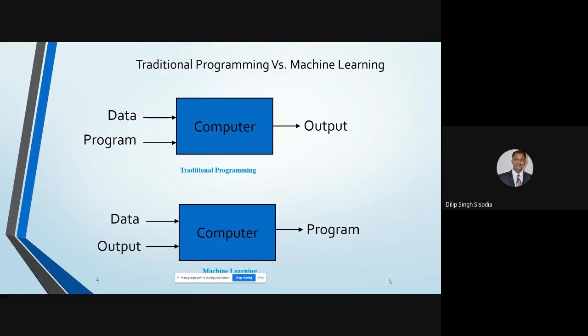In conventional programming we use a program, data is passed to this program, and it gives output.